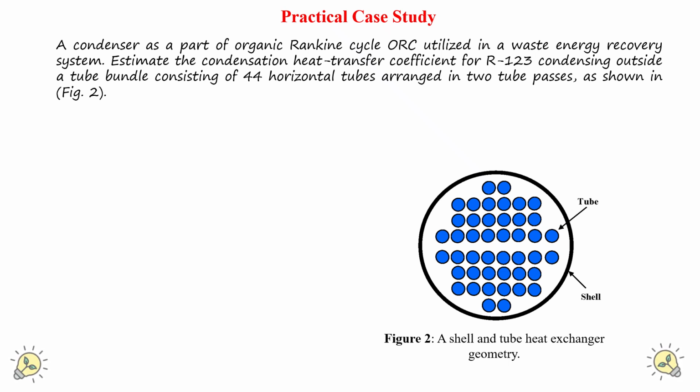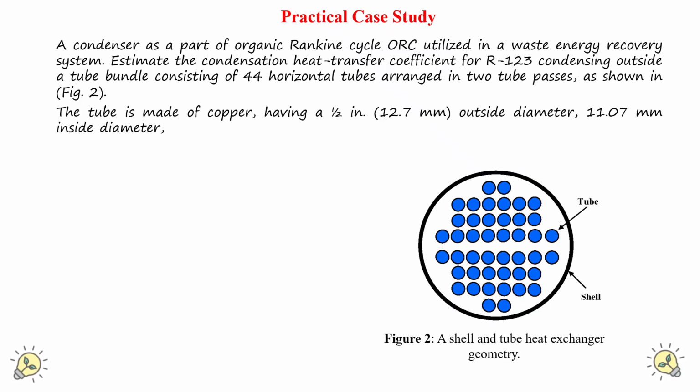We need to estimate the heat transfer coefficient for the bundle shown in figure 2, where we have horizontal tubes, 44 horizontal tubes arranged in two passes as shown in this figure.